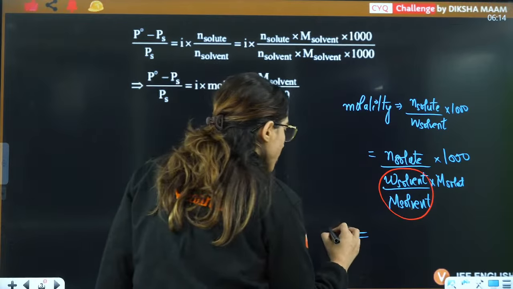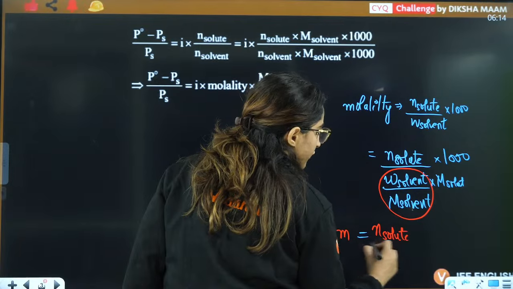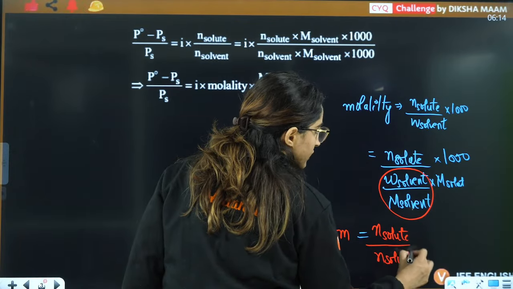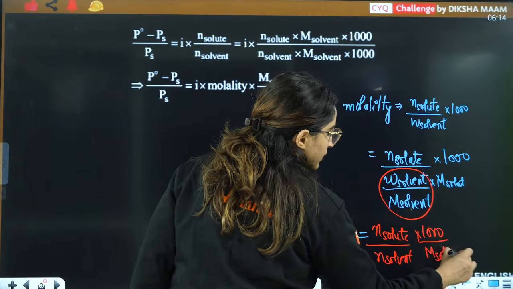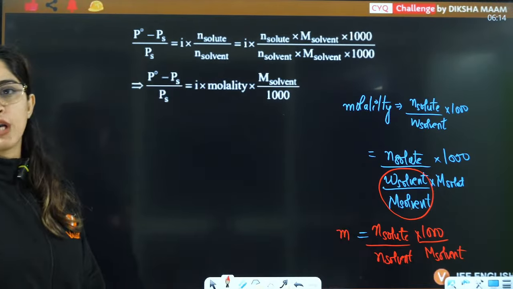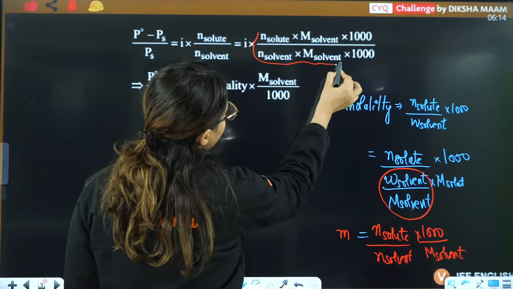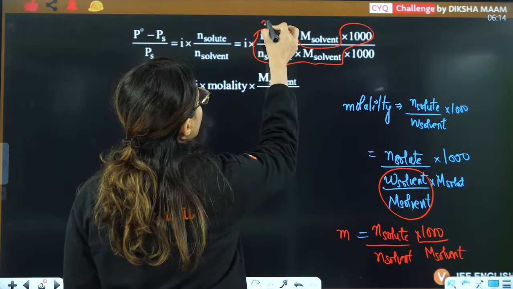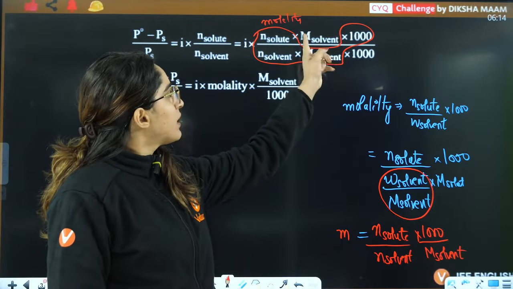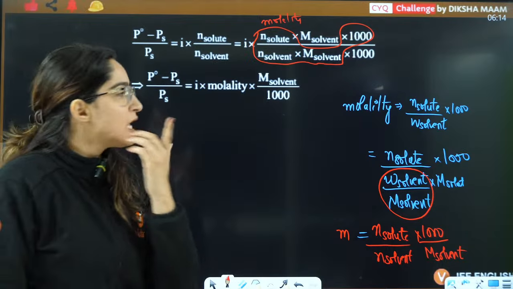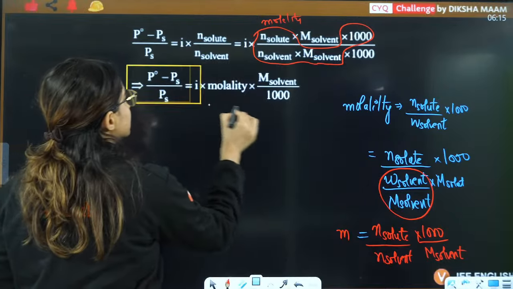So molality equals number of moles of solute divided by number of moles of solvent, multiplied by 1000 divided by molar mass of solvent. This is another way of writing molality. So molality multiplied by molar mass of solvent divided by 1000 will be left behind.